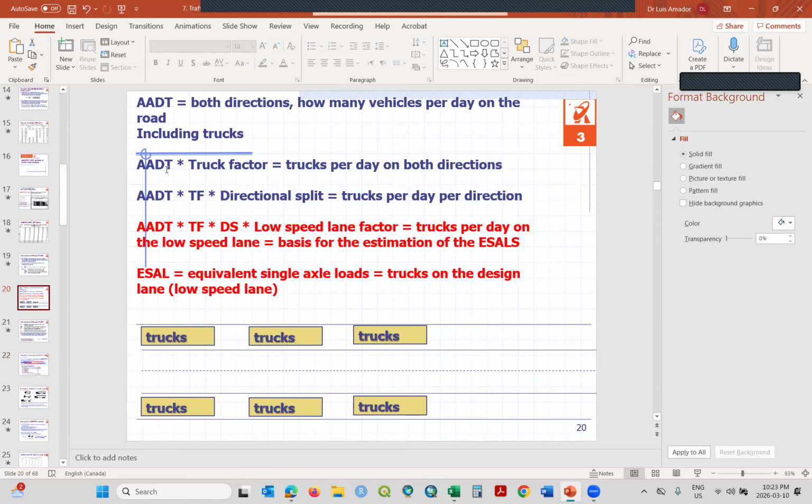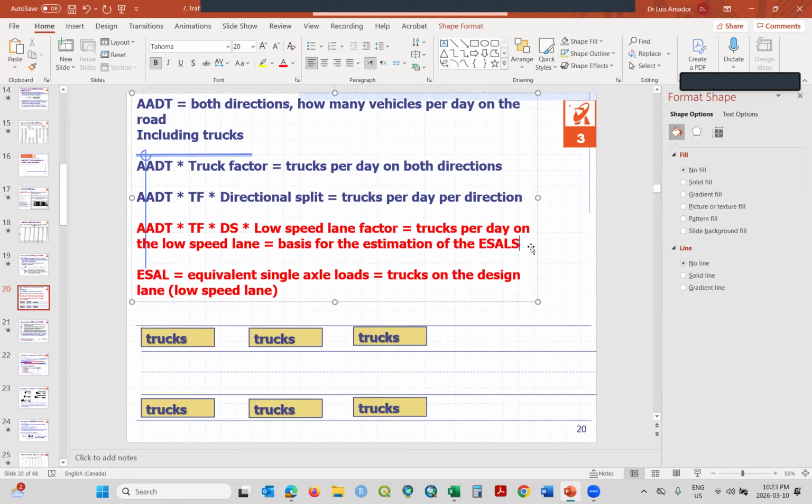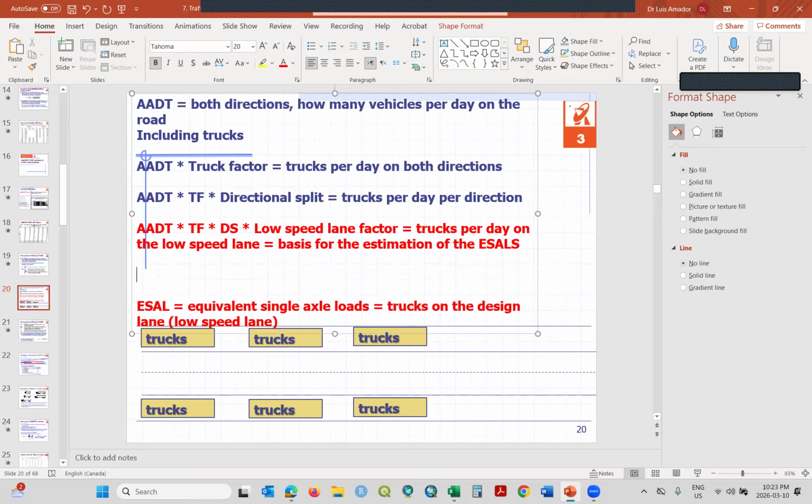So if we come here and we apply this, we're going to have 1,500 trucks. We don't know the directional split, but we're going to assume it's 50%. And we have an 80% lane distribution factor for the low speed lane.